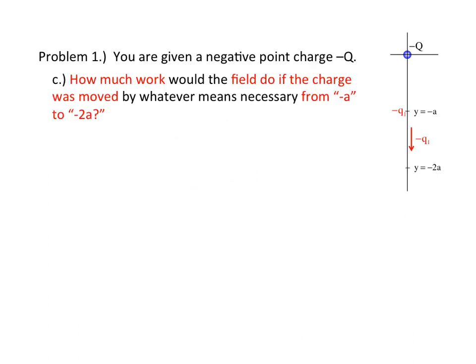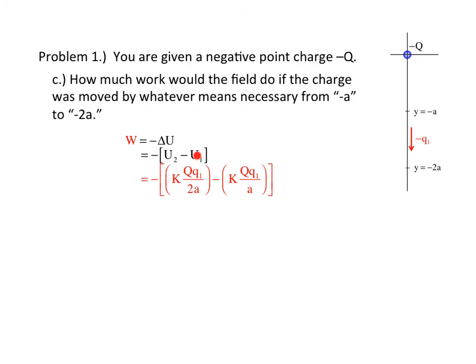Potential energy functions are only useful if you're doing work calculations. So let's figure out how much work the field would do if we force the charge to go from minus A to minus 2A. So we're going to go from here to here. This is our relationship between work and changes of potential energy.